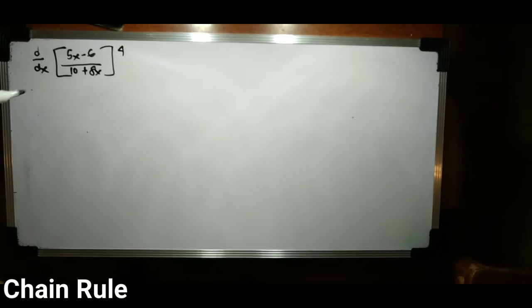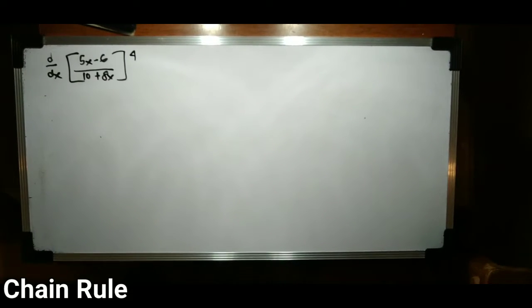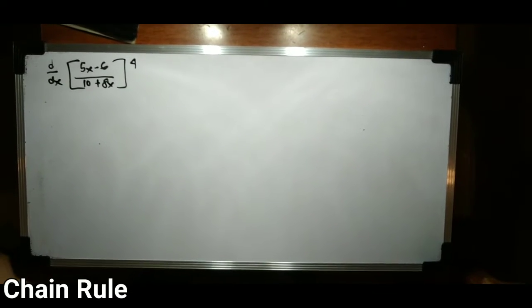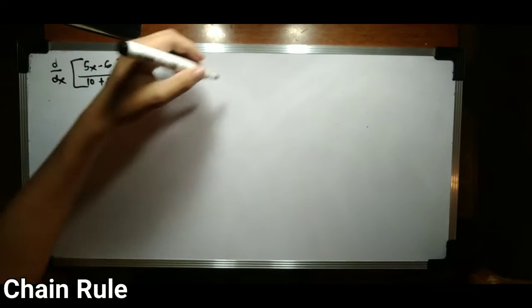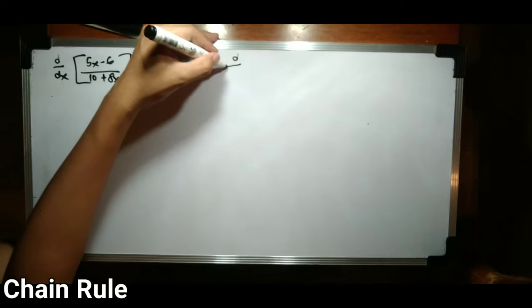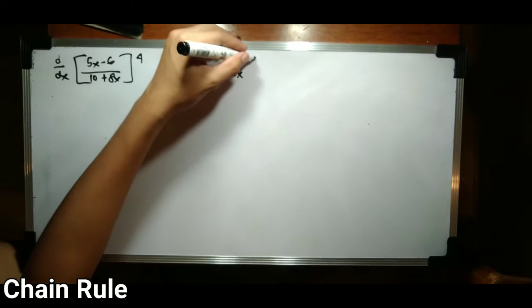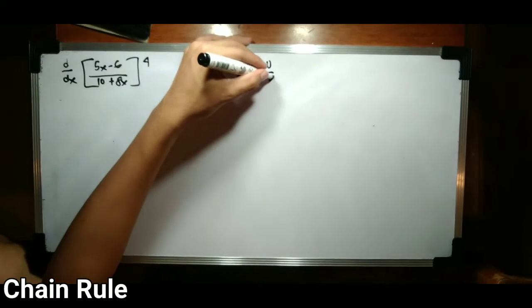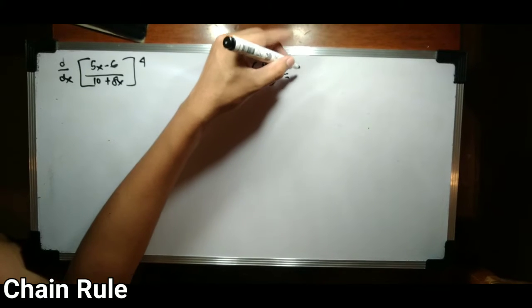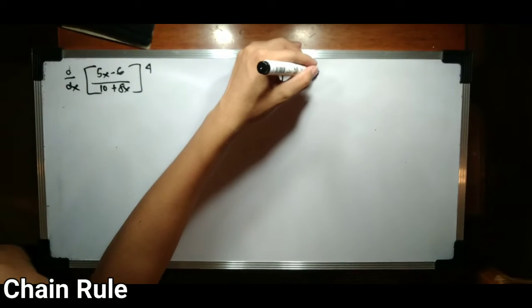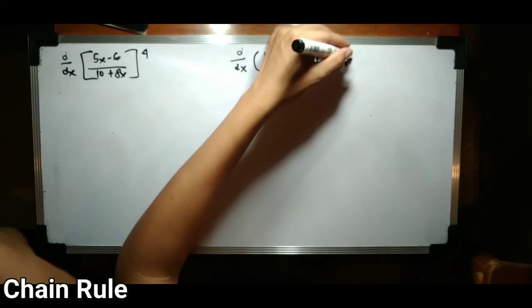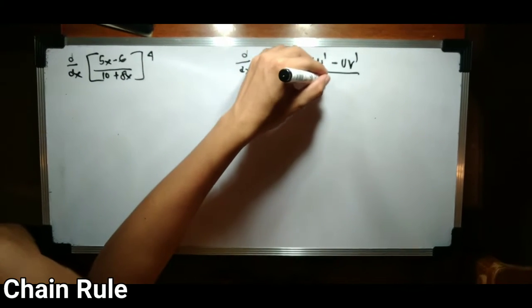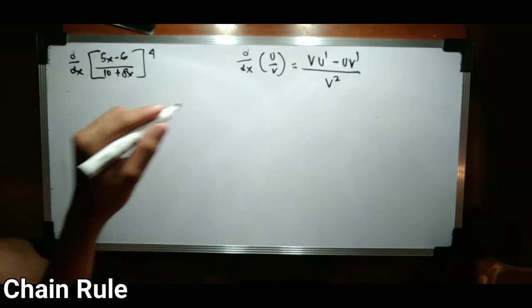So as you can see, this is a combination of chain rule and quotient rule. So we must remember the formula for quotient rule, which is the derivative of u over v, which is equal to v times u prime minus u times v prime all over v squared.